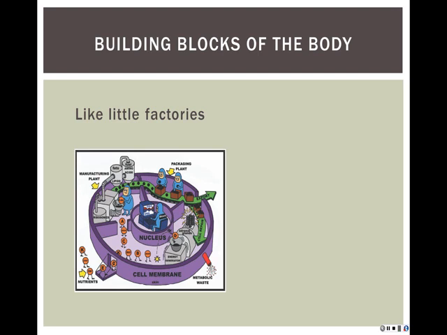Can you think about what is the main structure of the body? Well, if you said proteins, you're correct. So the main thing cells are doing is producing or making proteins.